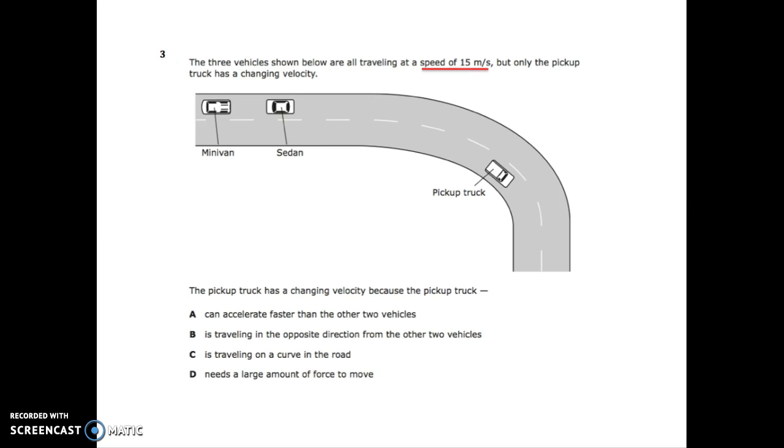So we are looking at speed and changing velocity. It tells us that the pickup is the only one with a changing velocity. They're all going a constant speed of 15 meters per second, but only the pickup truck is changing its velocity. I want you to remember that velocity is speed plus direction when you're trying to solve why the pickup truck has a changing velocity.